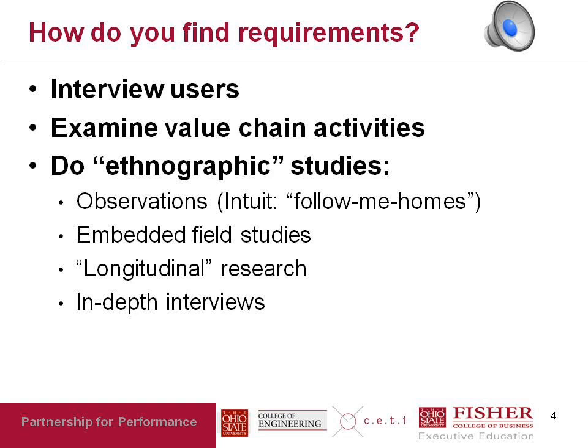You might have heard of a company named Intuit that makes Quicken software, also makes TurboTax, now has TurboTax on the web, and also makes small business software named QuickBooks. But anyway, Intuit came up with its ideas for its software products, initially at any rate, by doing deep ethnographic studies that they called Follow Me Homes.